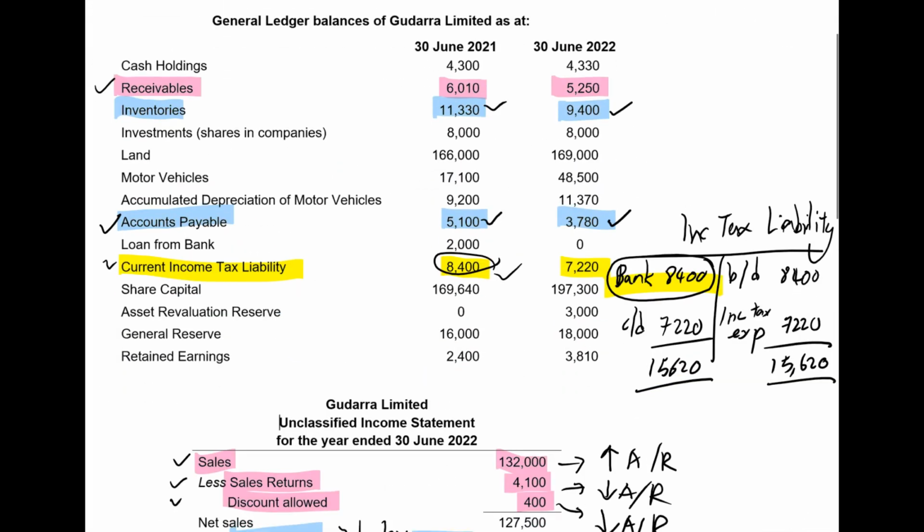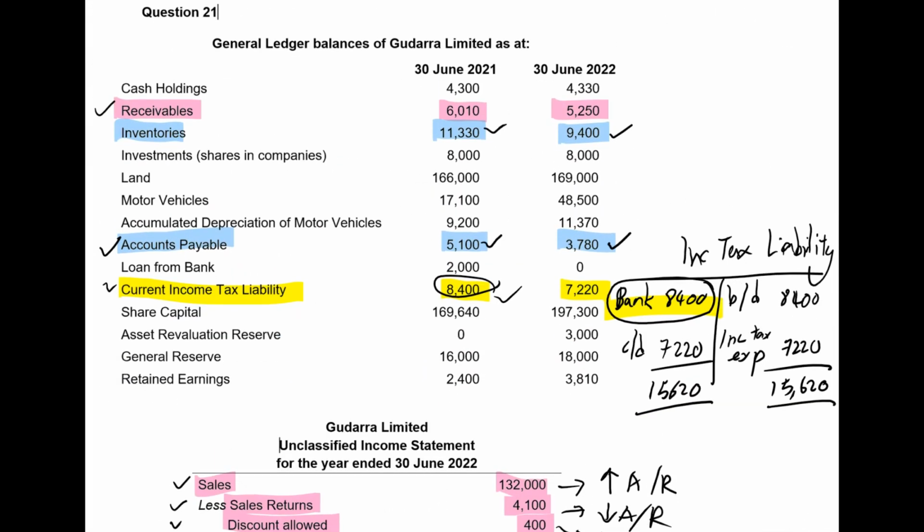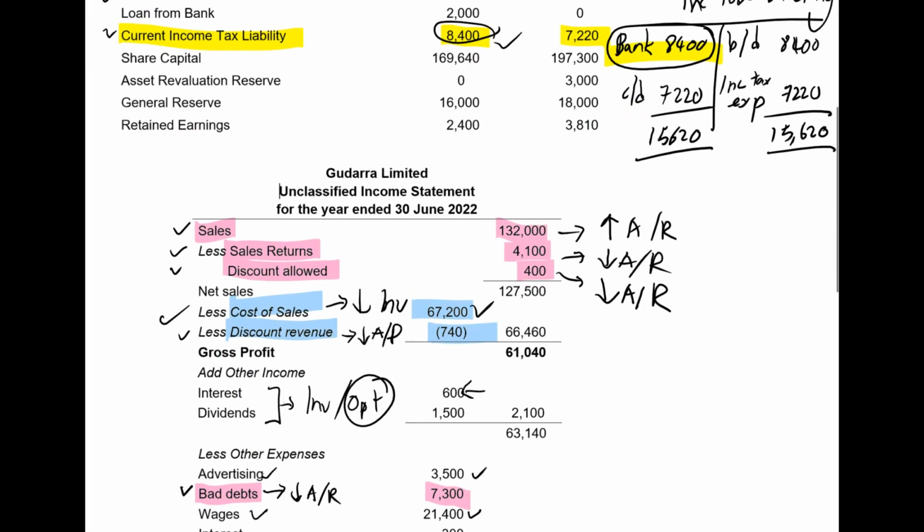Same thing, look into your question and ask yourself, is there any accrued interest income or any unearned interest income? Same goes to dividends. Ask yourself whether there's any accrued dividend income or unearned dividends income. Since this question didn't have any, you can straight away put this figure into your operating activities.